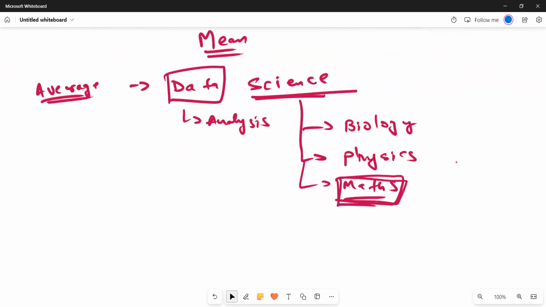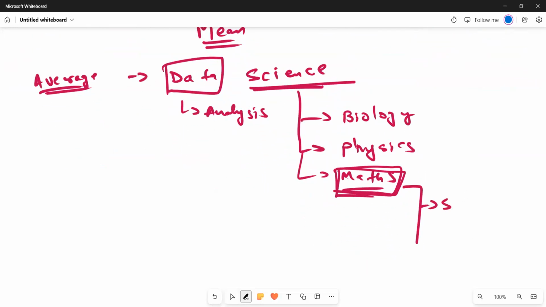Statistics falls into the category of maths. It's a subset of mathematics. So in statistics, and even in physics, we are always interested in distance.